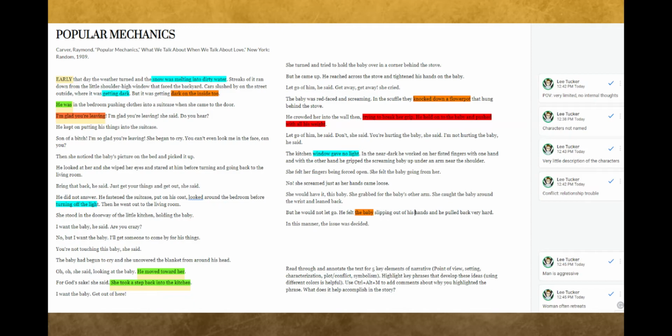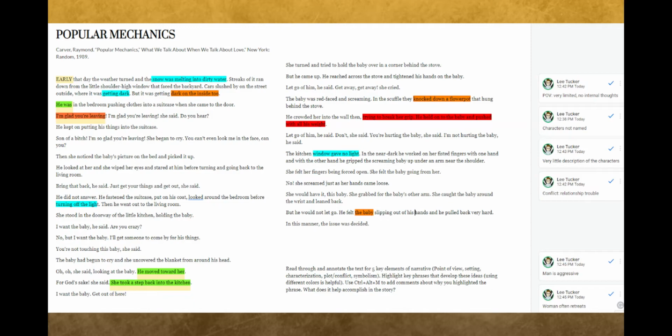I highlighted several places where it talks about darkness, that things aren't giving off light. Conflict: if you read the story, there's a clear argument happening between this couple, and they're arguing over the baby and who gets the baby. So there's the conflict, which is intensifying as the story goes along.